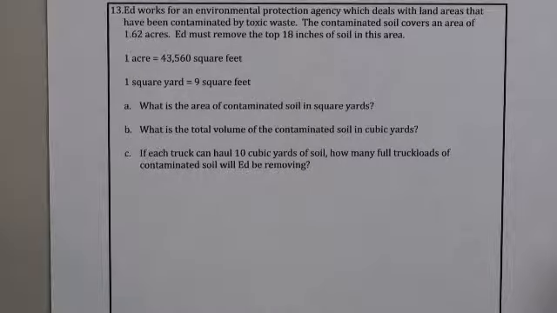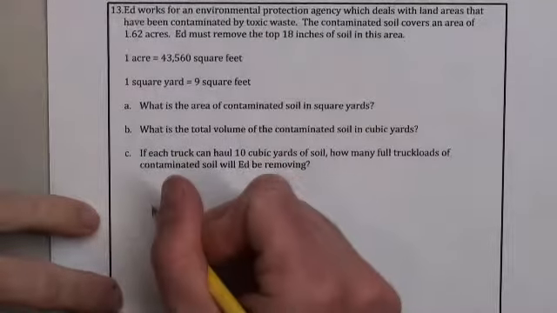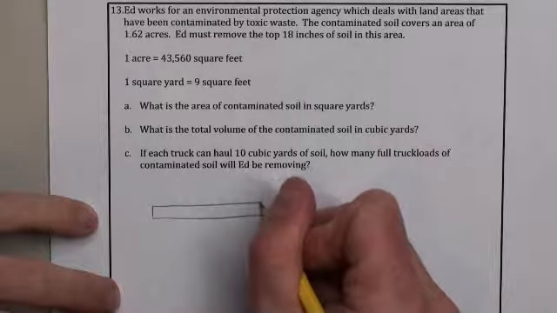So Ed works for an environmental protection agency which deals with land areas that have been contaminated by toxic waste. The contaminated soil covers an area of 1.62 acres. Ed must remove the top 18 inches of soil in this area. So essentially what we have is this large rectangular prism.